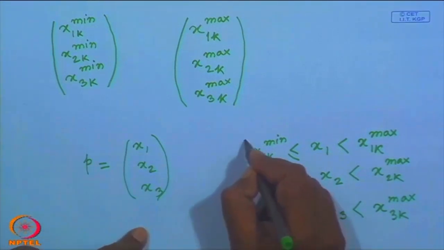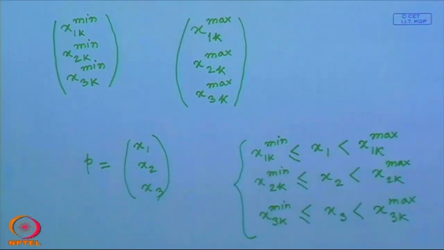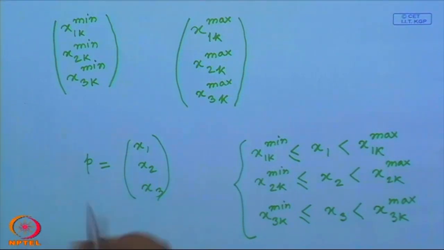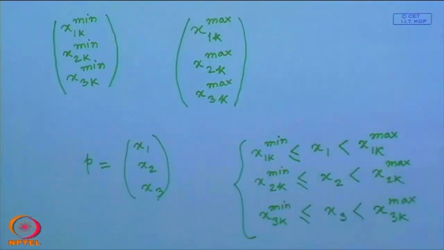If all these 3 conditions are satisfied simultaneously, then only I can say that this point P falls within the kth bin. For whichever bin all these 3 conditions are simultaneously satisfied, the point P falls within that particular bin.